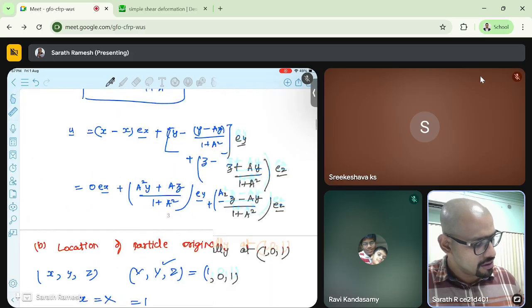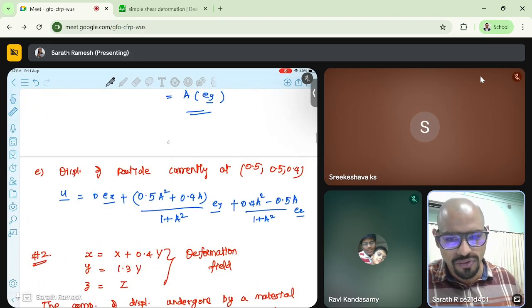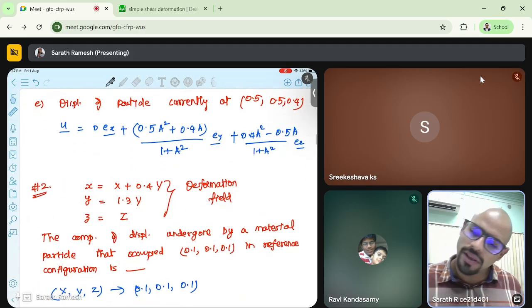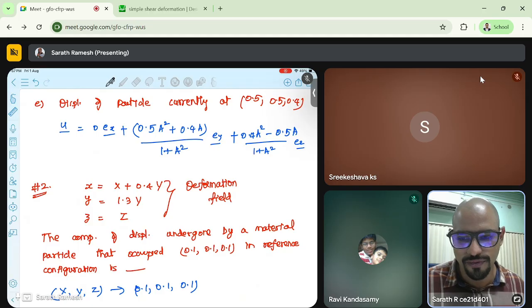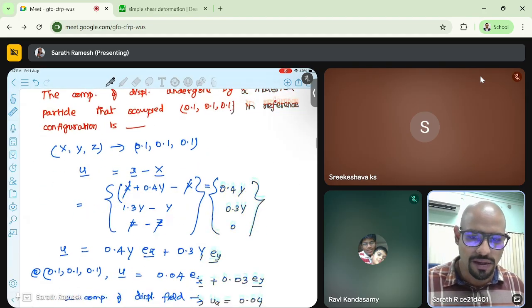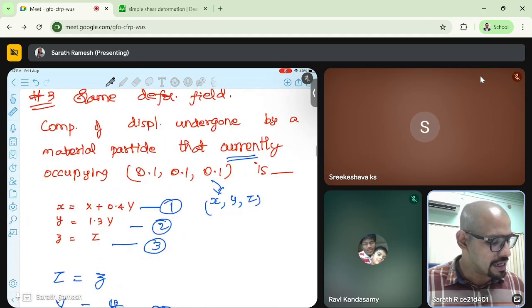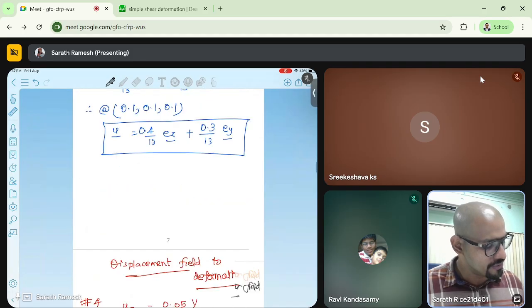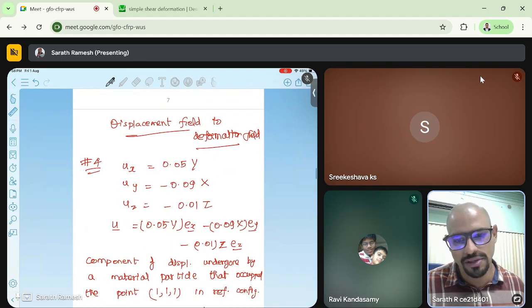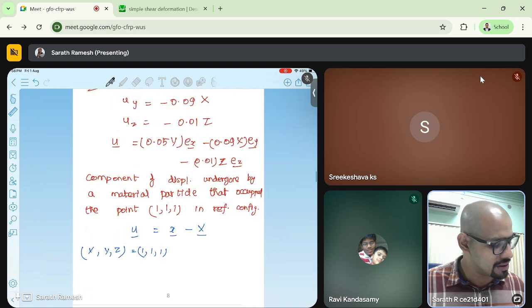Then we saw two varieties of problems. Number one, given the deformation field, how to find the displacement field. It's very direct and straightforward. Number two, given the displacement field, how to find the deformation. This is a kind of inverse problem: the answer is given, we have to find the question.